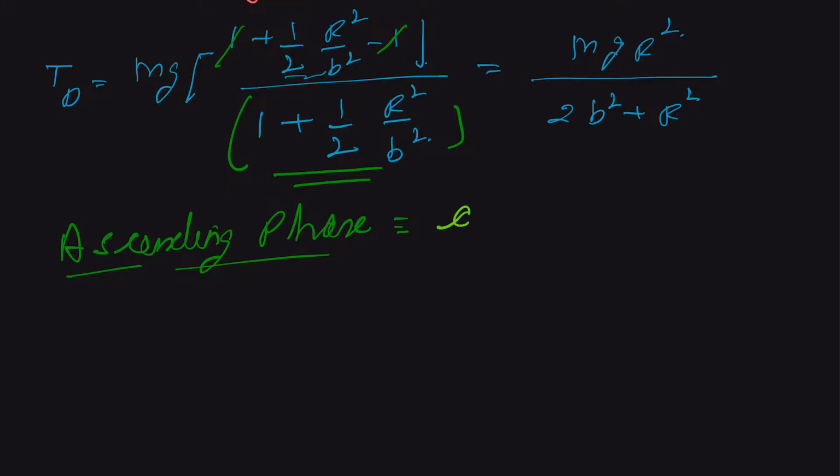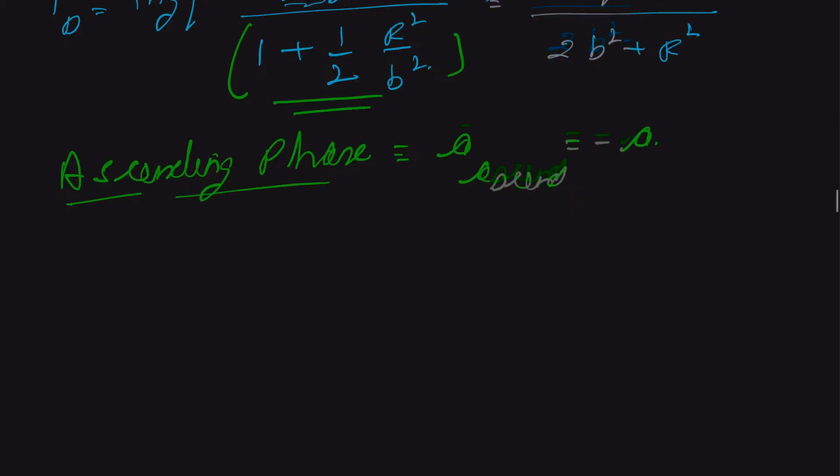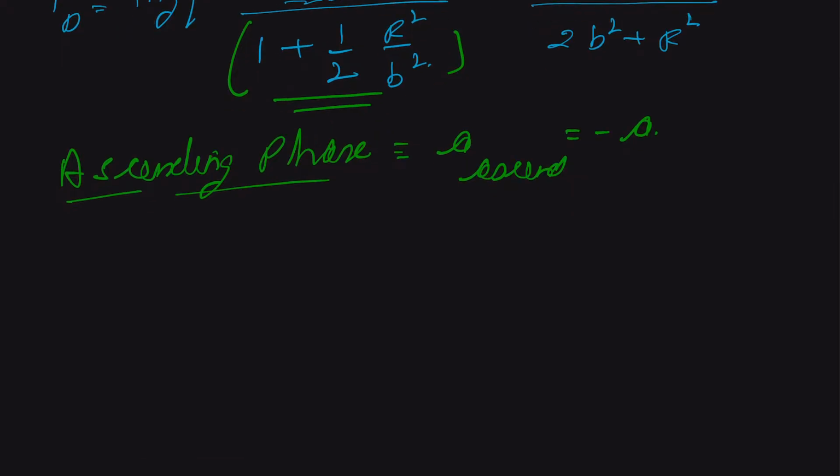Therefore we can say the acceleration during ascent will be equal to minus of the acceleration during the descent. Therefore we can write the equation that our equation number 1, which was T minus mg, comes as m times a ascent.